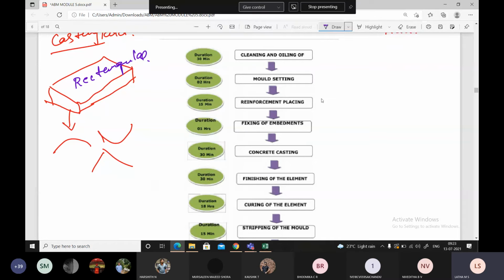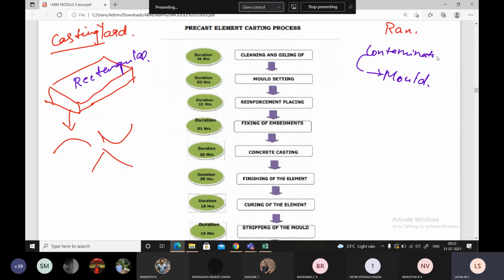Now, at first, how to start? As you do it in your laboratory, students, maybe you wouldn't have come across the concrete lab. First, the mold you have taken has to be cleaned and oiled. Why does it have to be cleaned? To avoid contamination of the mix, right?